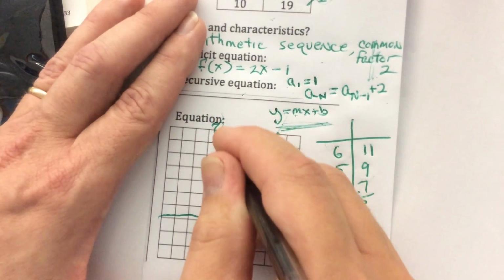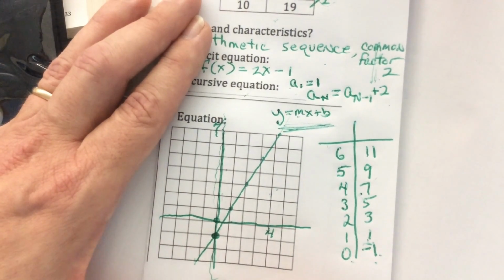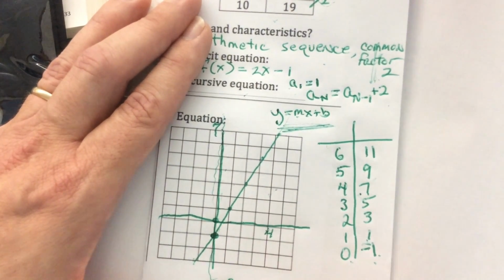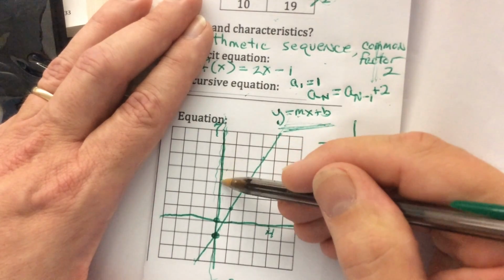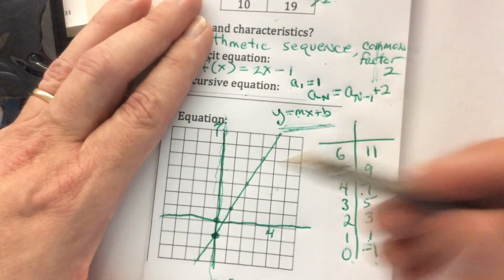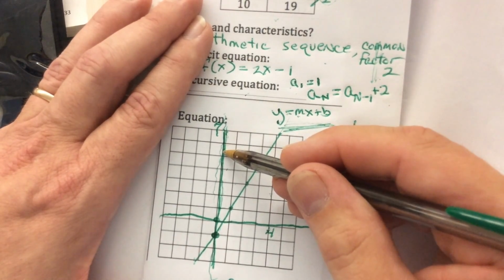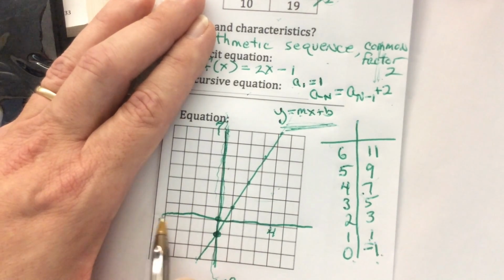This whole line right here, the name of this line is x equals 0. Everywhere on this line, x is equal to 0. Y can be anything, but x is equal to 0. And that would be y equals 0, right? This one would be y equals 0, yes.